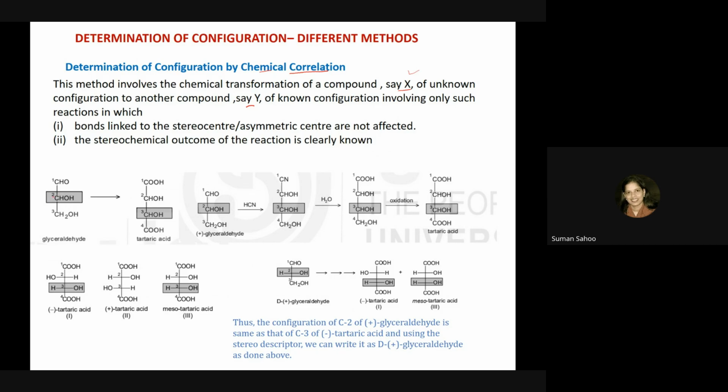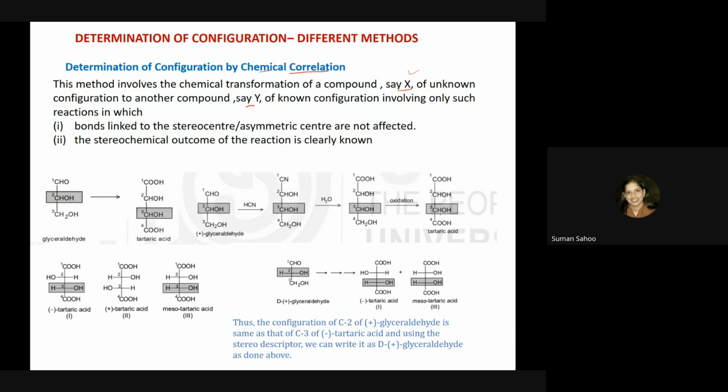at carbon number 2, is going to remain unchanged. So in this case, when this glyceraldehyde is treated with hydrogen cyanide, a one carbon extension takes place. By first nucleophilic addition, then hydrolysis, and finally oxidation, that gives you tartaric acid.